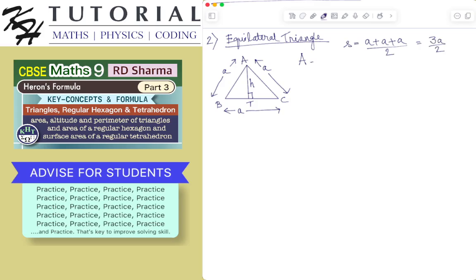Now the area will be equal to the square root of s multiplied by (s minus a), where a, b and c are all equal to a for an equilateral triangle whose length of each side is small a. So (s minus a) and (s minus a).